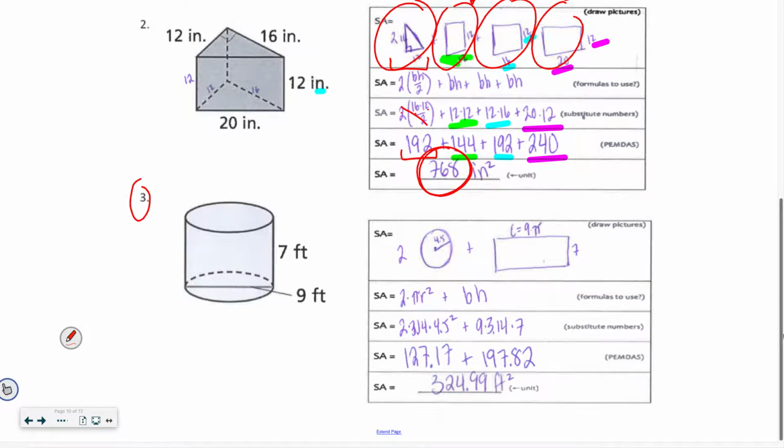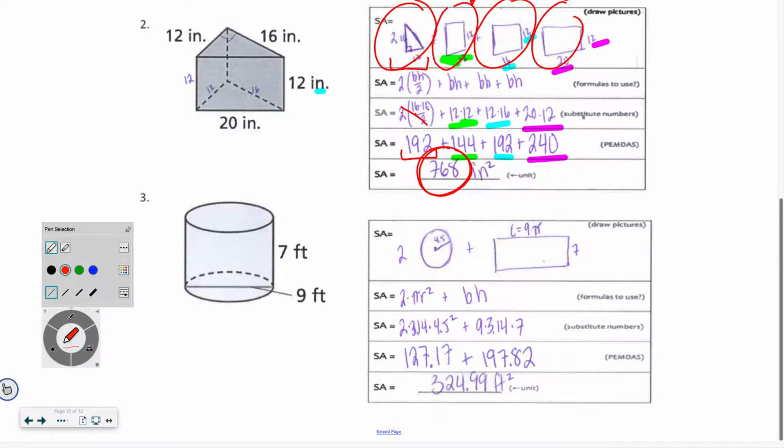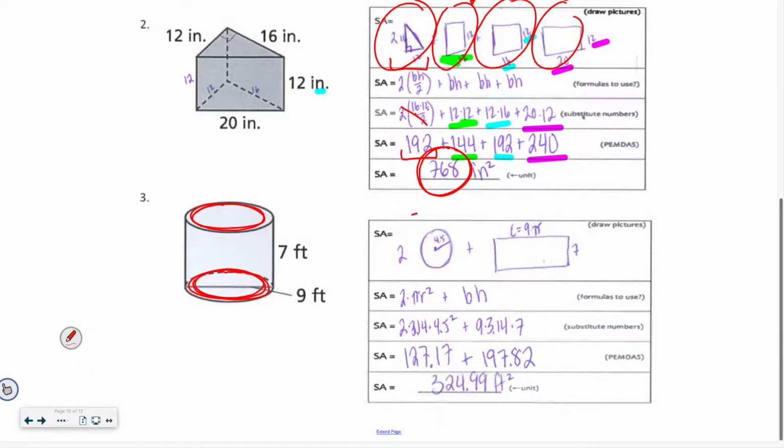Moving on. Our last and final one, which is maybe the most difficult of the 3, is a cylinder. Clearly, a cylinder is made up of 2 circles on the top and the bottom. We have 2 circles here. Be aware that this 9 feet that they gave us is in fact the diameter of those circles.